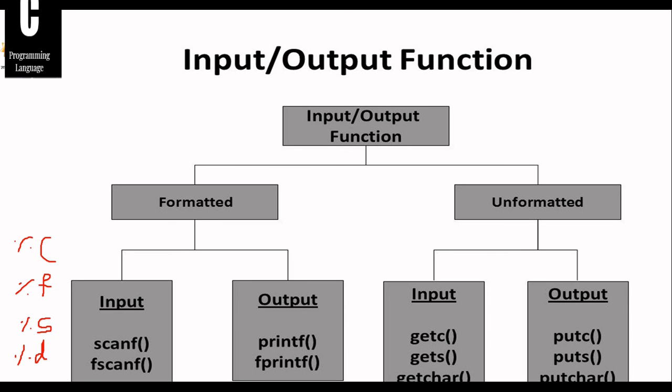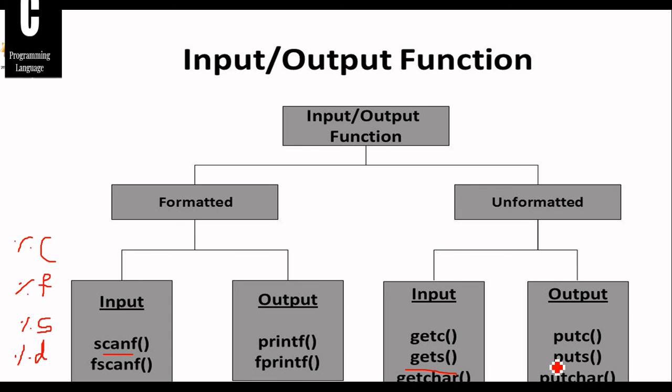If you want to accept one string with spaces, you can do so using gets only. It is not possible using scanf, because scanf does not allow you to accept multiple words, but gets does. And puts displays the string. We are using this puts function.